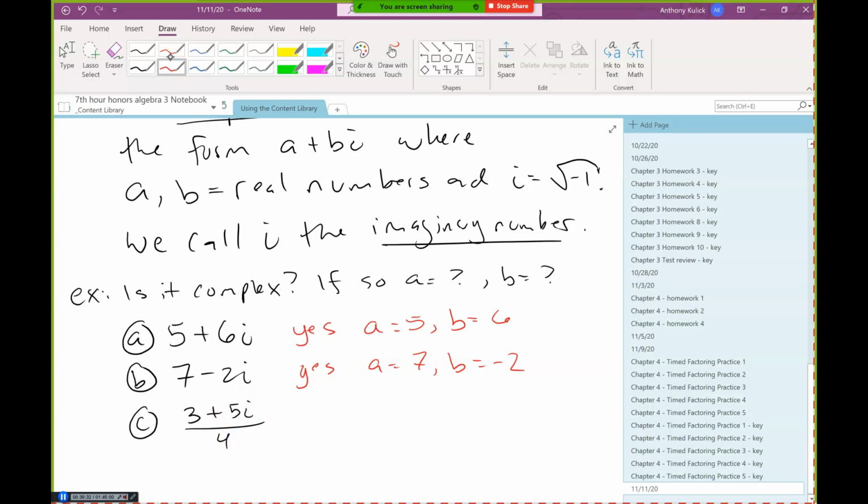How about 3 plus 5i all over 4? Is that a complex number? Well, sure it is. We can just write it as 3 over 4 plus 5 over 4 i. Right? If I do that, that's still the same thing. So sure, that's a complex number.